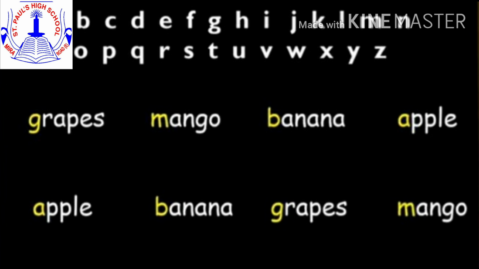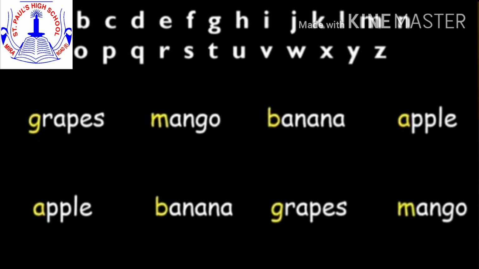So we are going to write mango in the end. Now the fruits are arranged in correct alphabetical order. A comes before B, B comes before G, G comes before M. So first is apple, then banana, then grapes, and then mango.